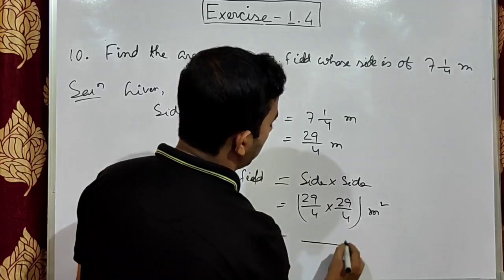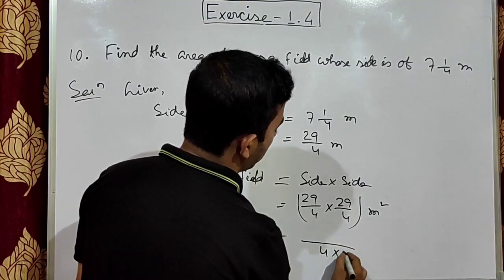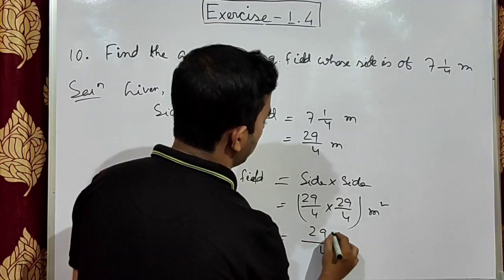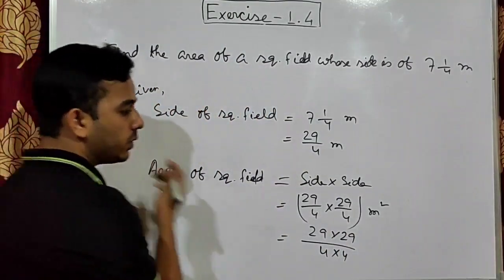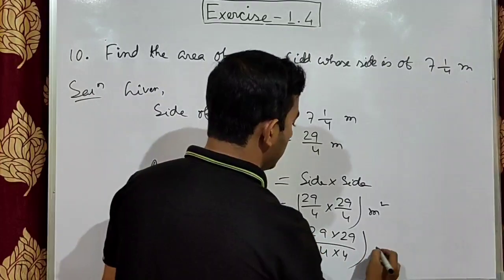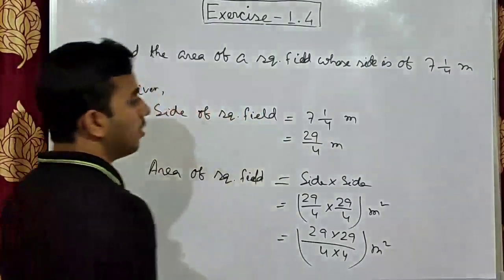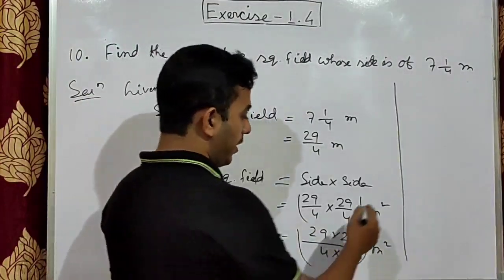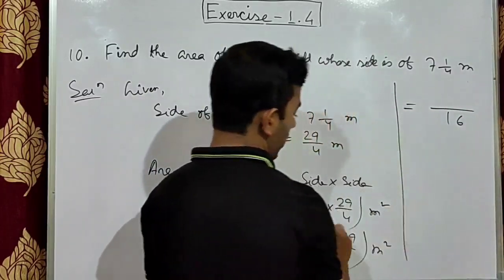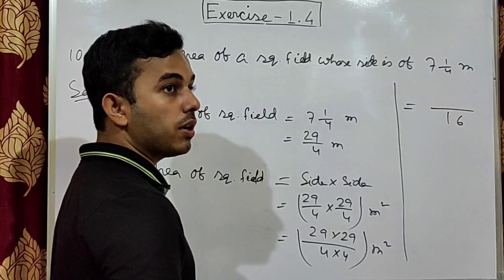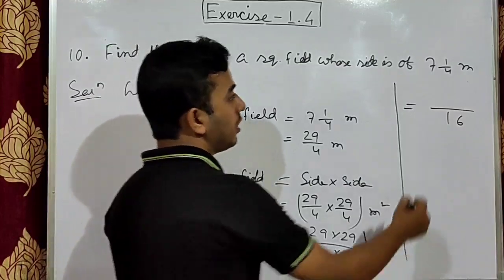Now let's multiply 4 into 4 and 29 into 29. Clear? Okay. So now we'll multiply 4 with 4. 4 into 4 is 16, and 29 into 29, that means 29 square, it is 841.